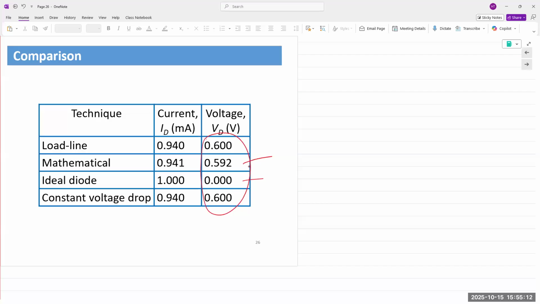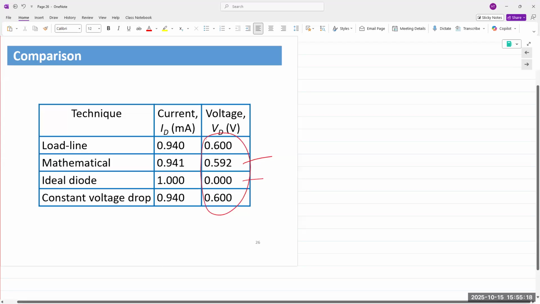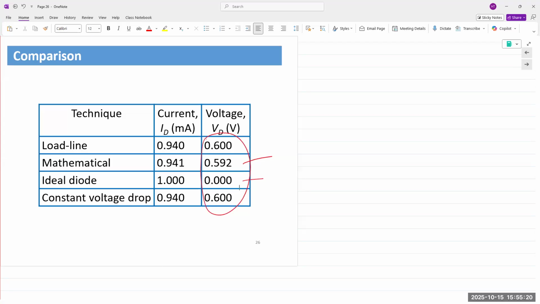Ideal diode, of course, is the only large variation, but that's because of our assumption that it only requires 0 volts. If we were just using 4 different calculations and we got 0 and 0.6, we would say they're too far off. But in this case, the ideal diode itself requires the assumption of 0 volts.